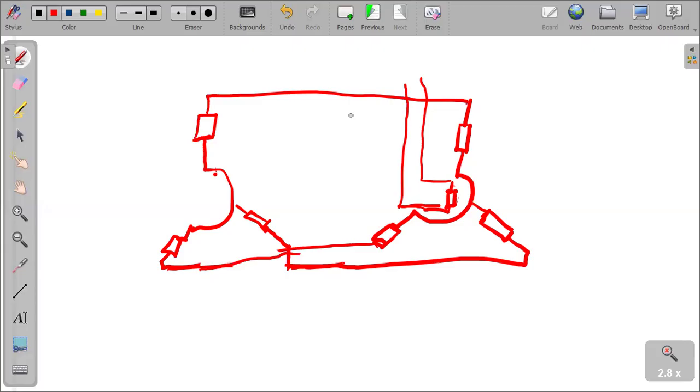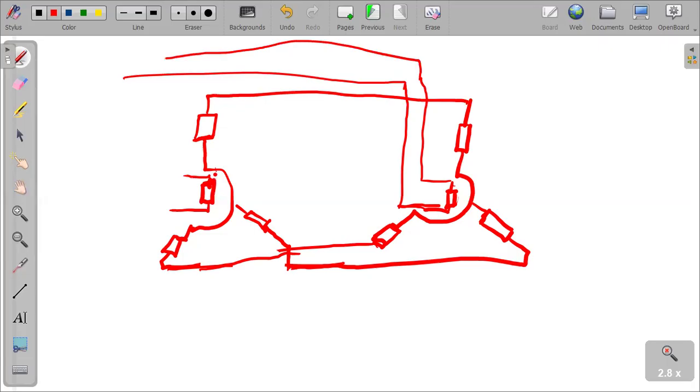Then we have another resistor at this point, which we indicate. There is another one, and then we have a supply right here. There is our supply. It's an AC supply, a single phase AC supply.